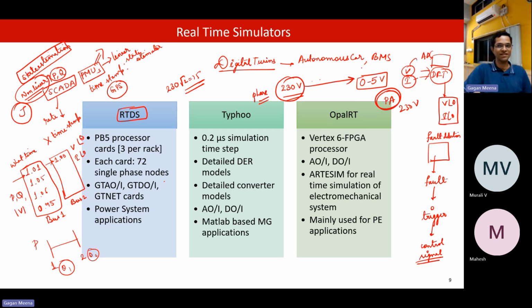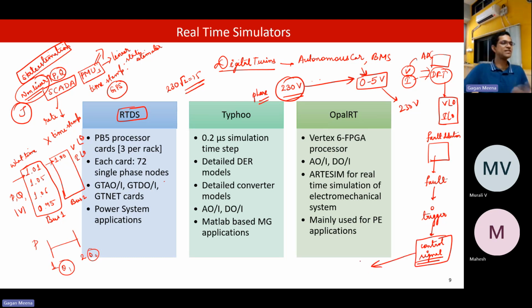The signal which we are receiving here is low in power content. The power amplifier will amplify that signal to make it suitable for the operation of the actual hardware, which is the relay, the digital relay. Then it will do the processing, and finally it will issue a trigger signal, a control signal.